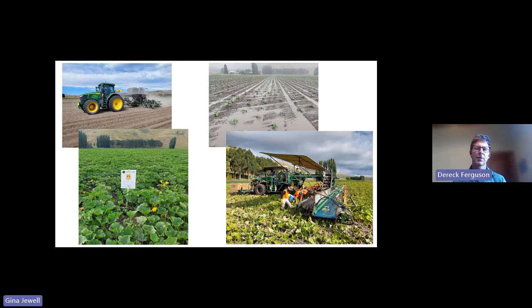So here are some photos from the Hawke's Bay demonstration site from planting in the top left. Top right is about a month later. It was a very dry spring, and we had some difficulty germinating the crops. They required some irrigation, but then, as it does, Mother Nature turned around and gave us a lot of rain starting on Boxing Day.